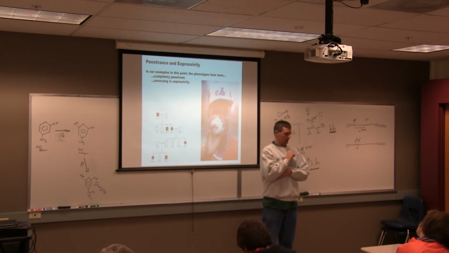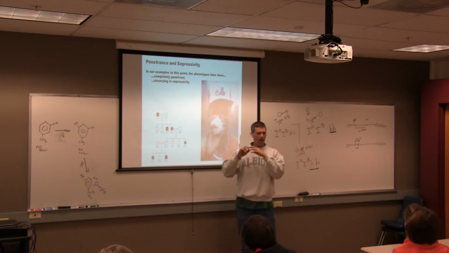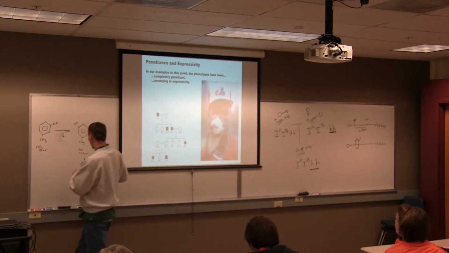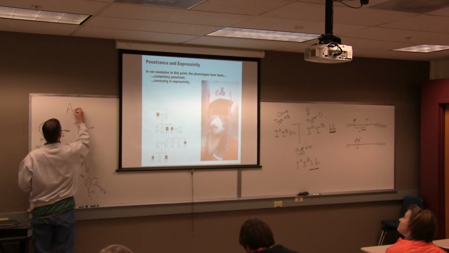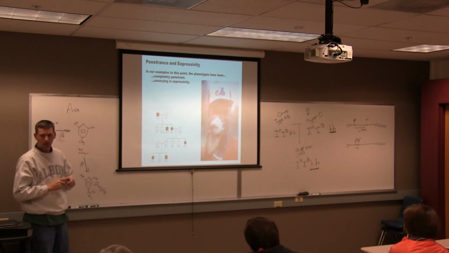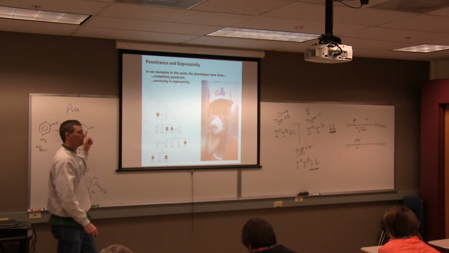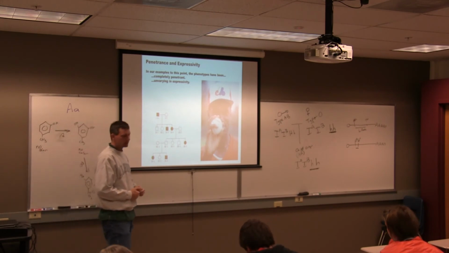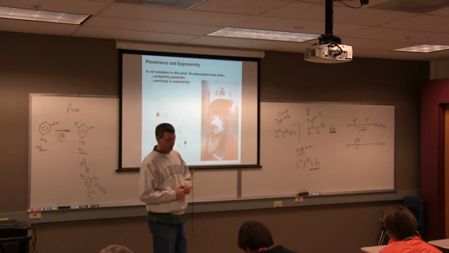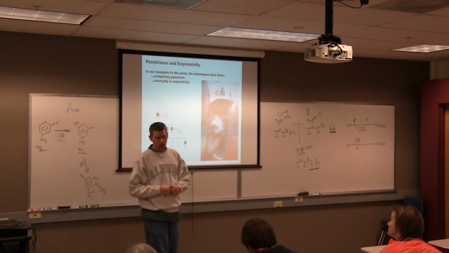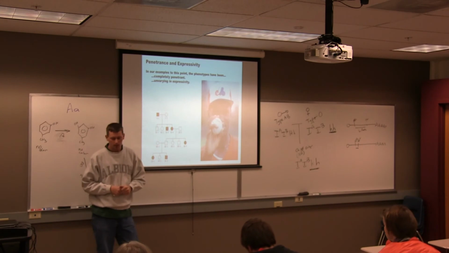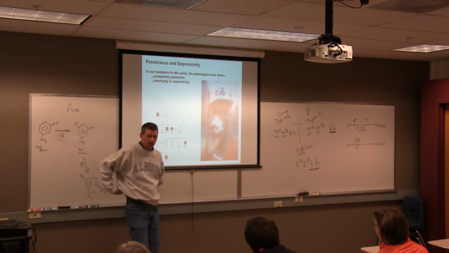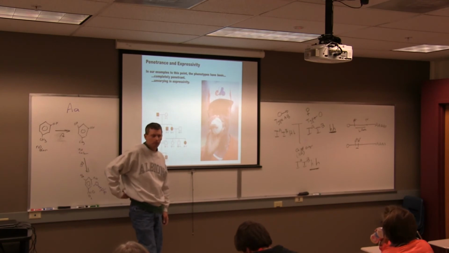There are circumstances, in humans especially, where maybe you're a heterozygote. Let's just make one up. If you're heterozygote at the A gene, say you have a dark spot on your back by your kidney, right?